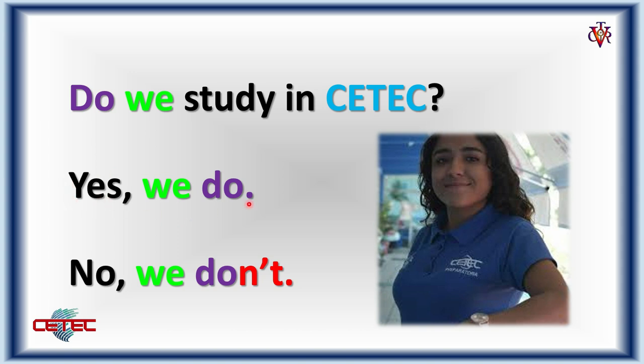Yes, we do. No, we don't. Don't forget for the positive answer, we have to use we do, with the same do that starts the sentence. And in negative, it's not, we is plural, and they use do. And we have to avoid a double negative.